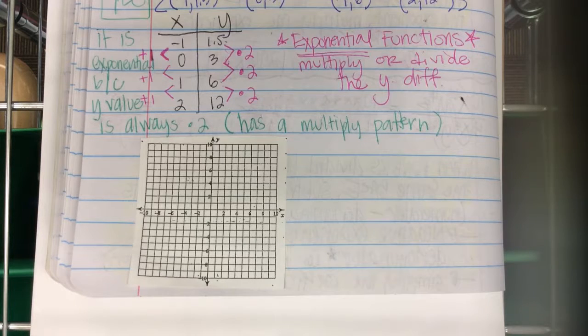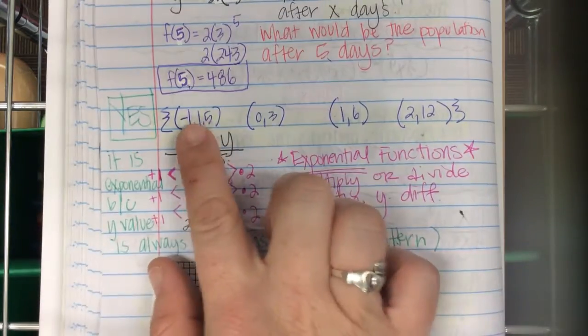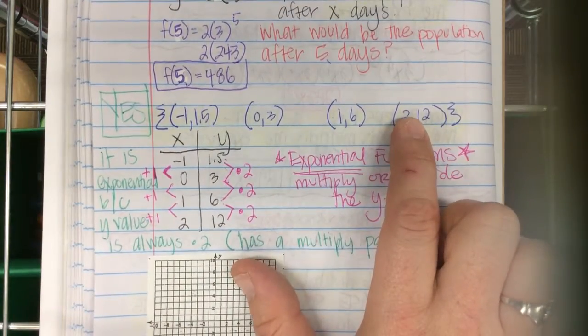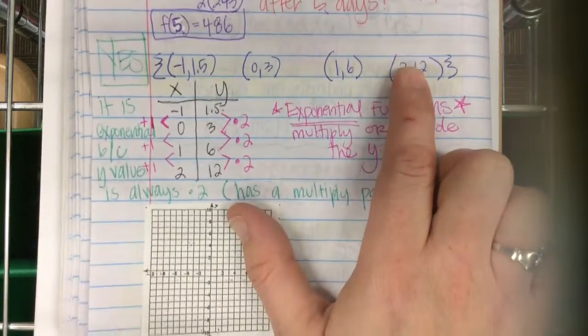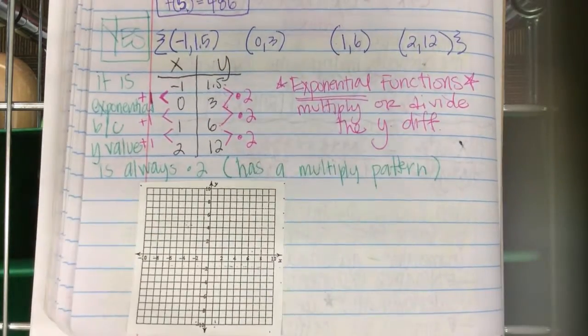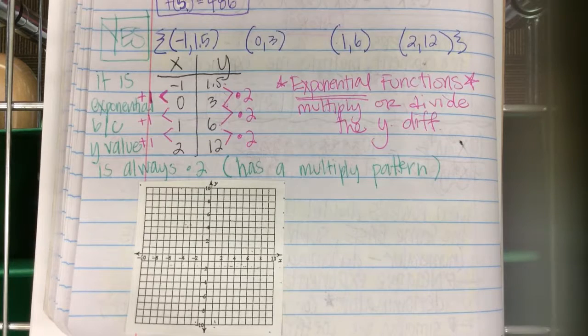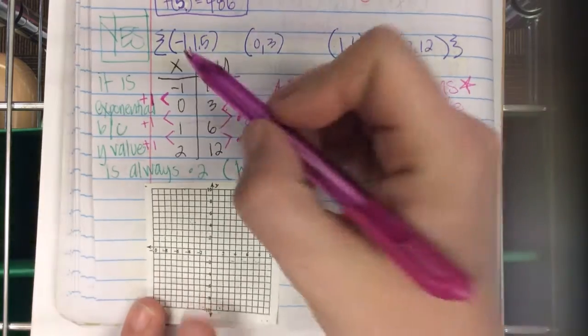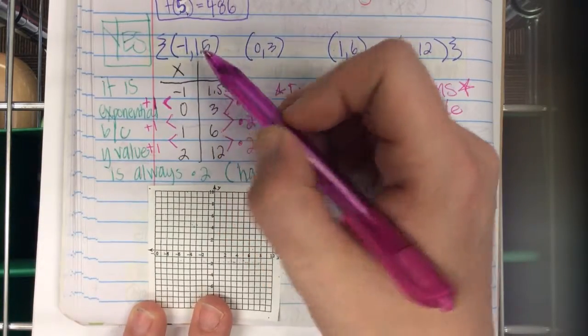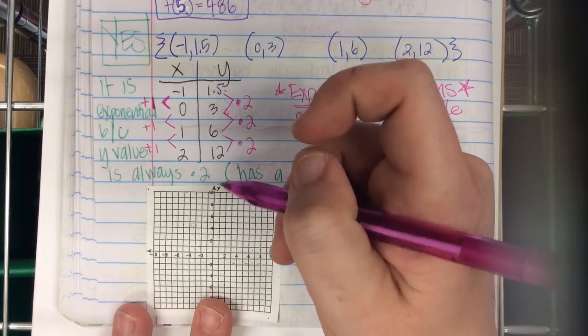Let's graph this relation just because it's small and easy to do. Let's graph this relation on this graph so that we can see what a picture looks like, and then we'll talk a little bit about the act of graphing. So my first ordered pair is -1, 1.5, and I get it, like decimals are hard.